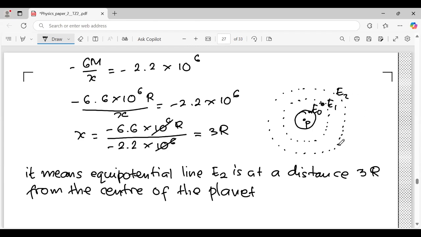This is the third circle, E2, and the distance between P and E2 is 3R. So on the diagram, E0 is at radius R, E1 has radius 3R half, and E2 has radius 3R.